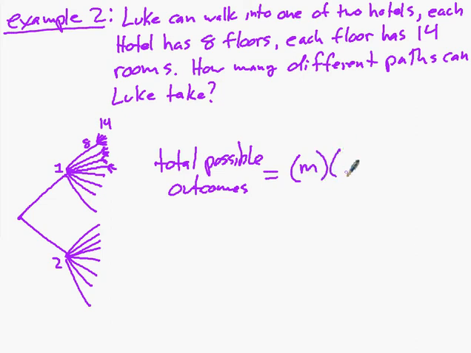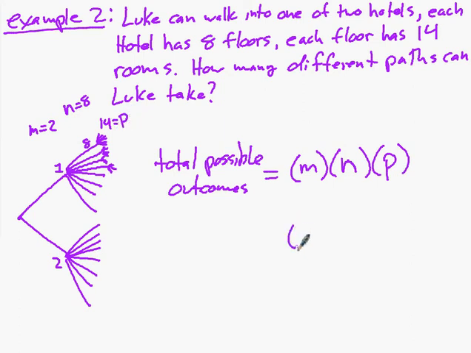Now if we have m as the first number, so in this case m might be 2, n might be 8, it's the second branching, and p might be our 14.